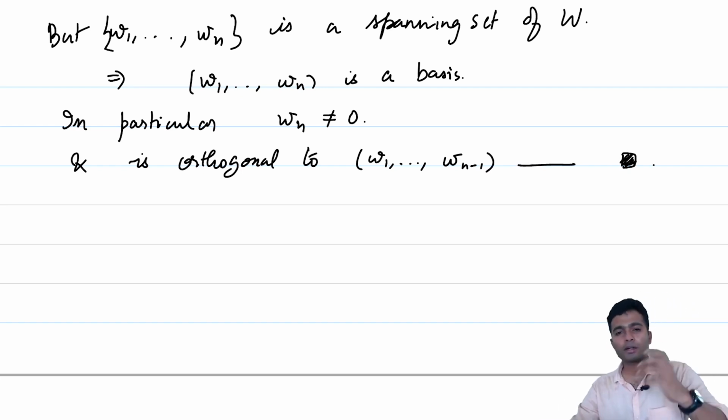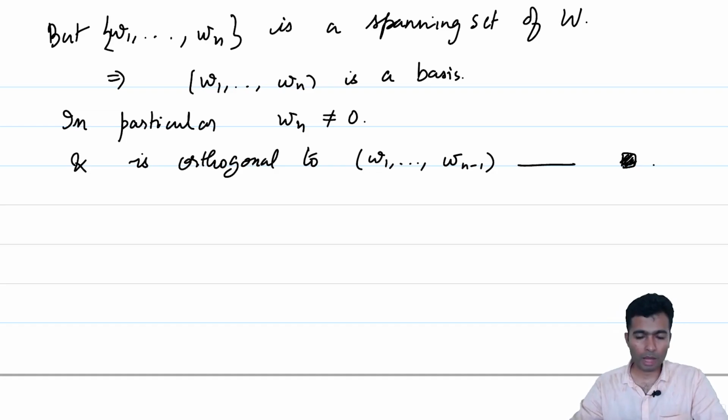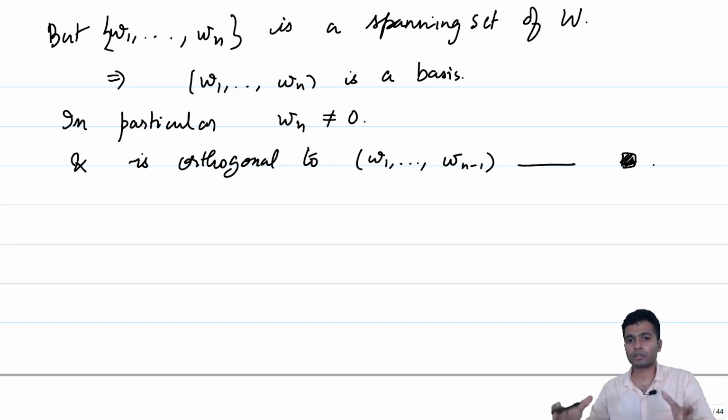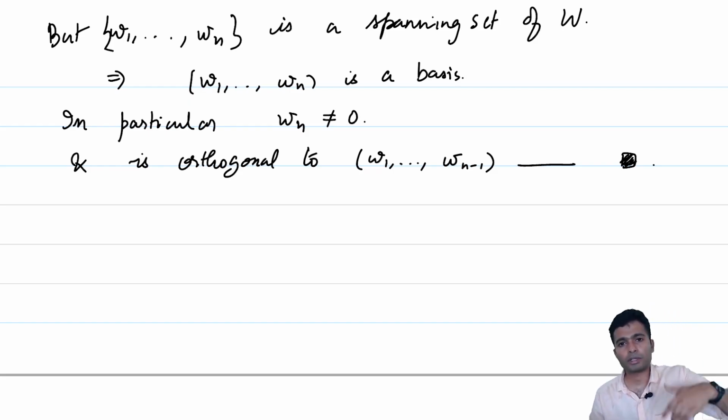Now if we start off with a basis, apply the Gram-Schmidt orthogonalization, we obtain an orthogonal basis from the basis we started off with. And now let us apply the normalization process to obtain an orthonormal basis from it.